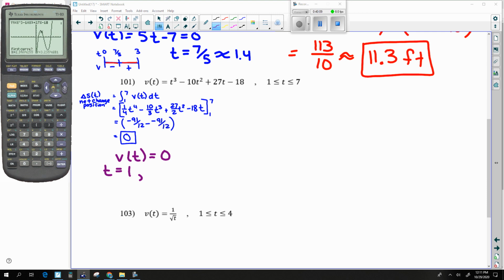That's a 0. Time is equal to 3. And time is equal to 6.